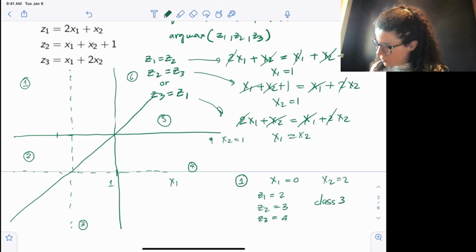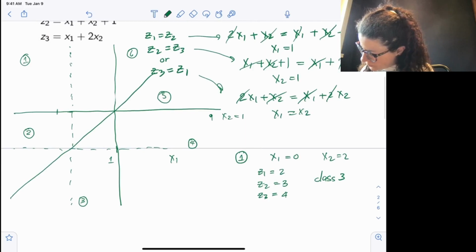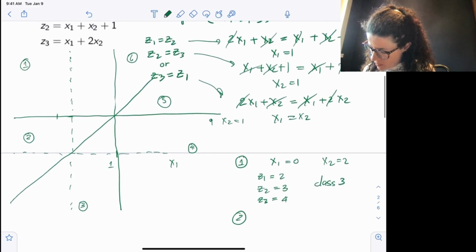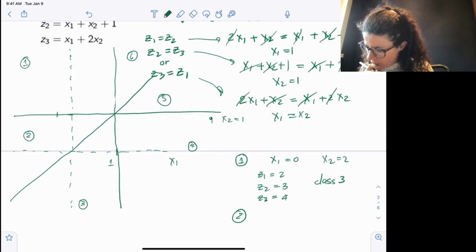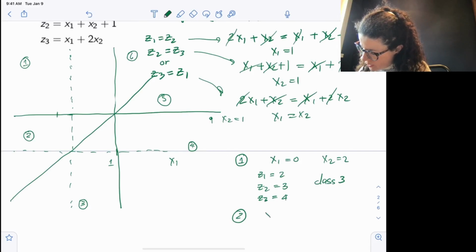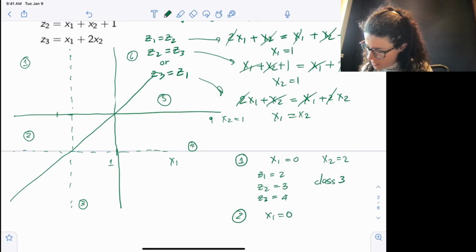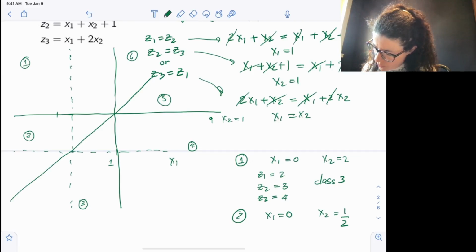Okay, so let's go to region 2. In region 2, we have to find a point in region 2, and we can again do x1 equals 0, but then we have to do x2 equal 1/2, because this point here is 0, 0.